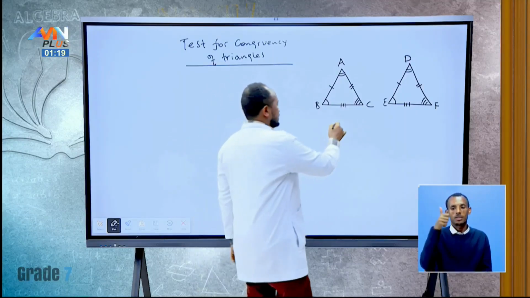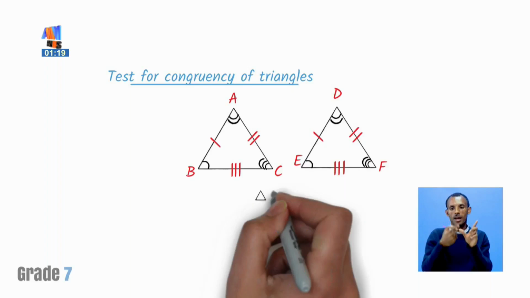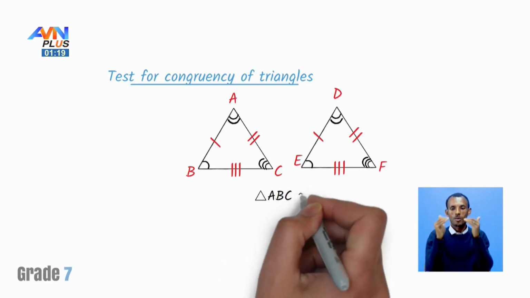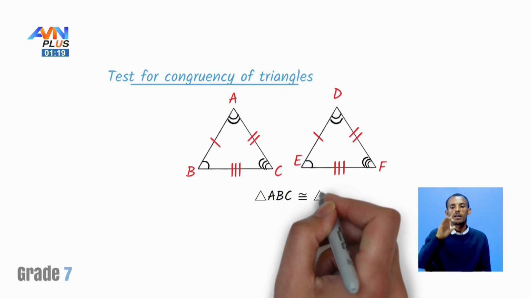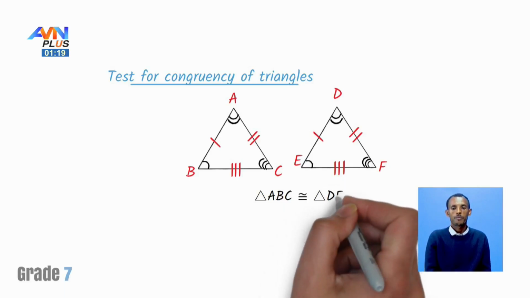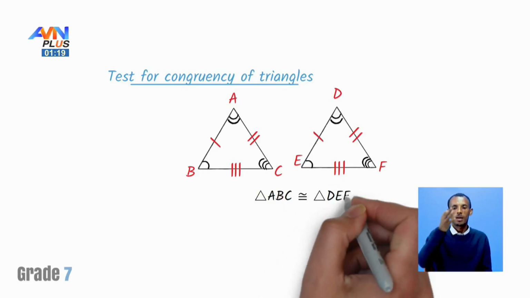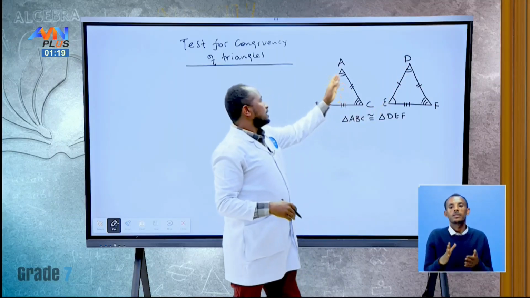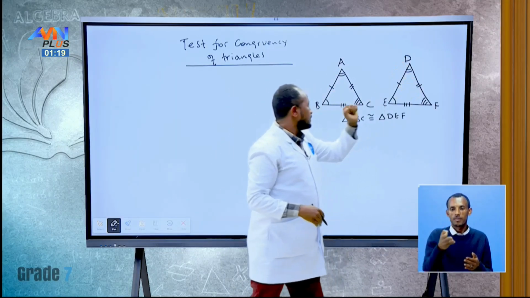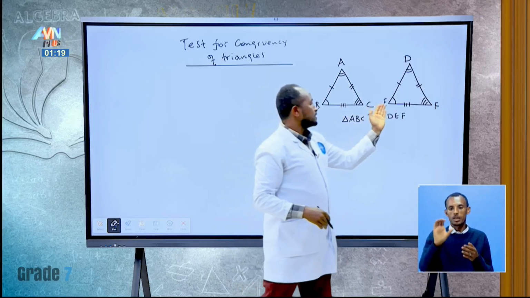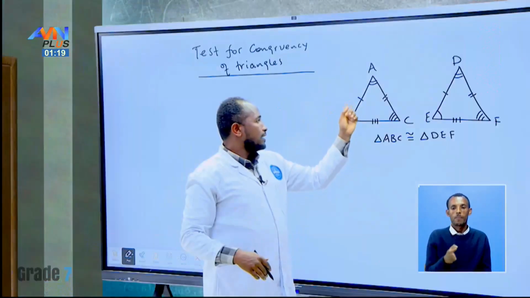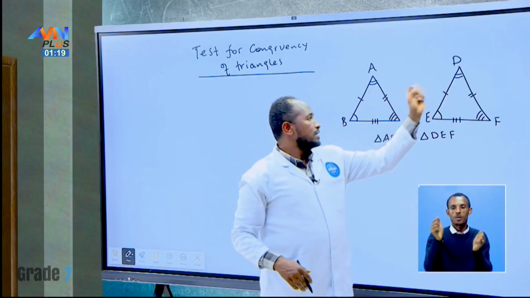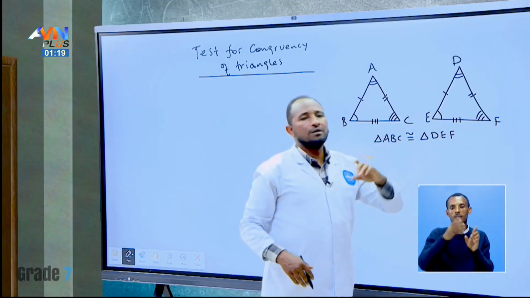That means triangle ABC is congruent to triangle DEF. As you can see from these 6 parts, side AB is the same as DE, AC with DF, BC with EF, angle B with angle E, angle A with angle D, angle C and angle F are congruent.